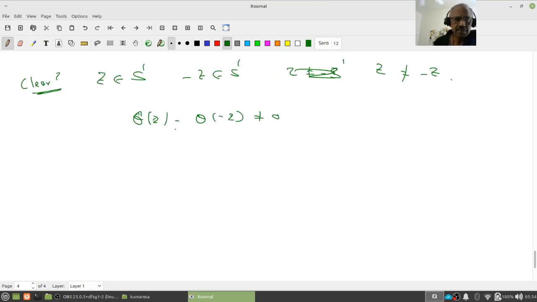Do you understand this? Now let's look at the function f of z, that is theta of z minus theta of minus z, divided by the modulus of theta of z minus theta of minus z.